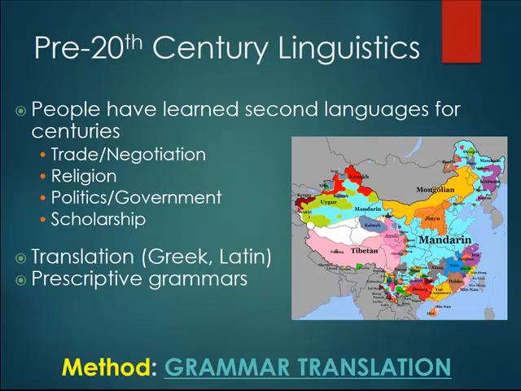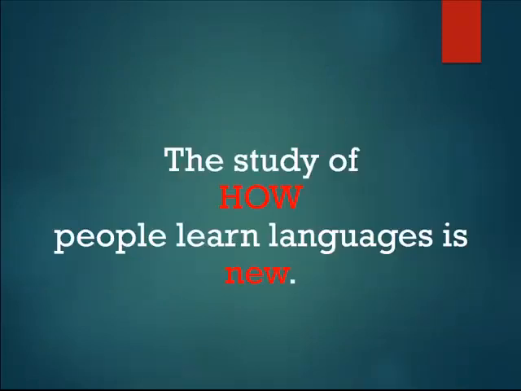That method is called grammar translation, and it's probably still today the most common way of teaching any language. The idea basically is we give you a vocabulary and a grammar, and then you would be able to look at a piece of written text and decipher it or translate it into your language or vice versa.